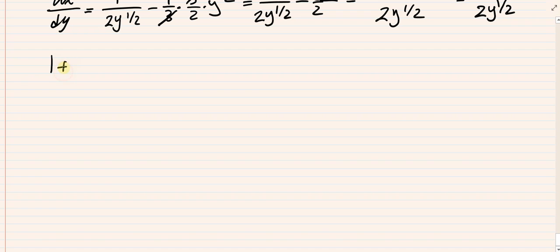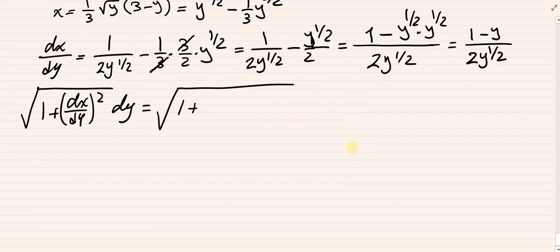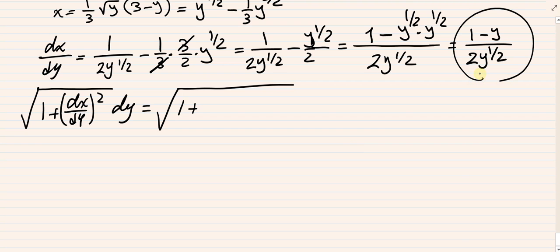I'm going to do 1 plus (dx/dy) squared, square root of that dy. Eventually I'm going to have to do that, right? So I'm going to have a square root of 1 plus, well, dx/dy is this. You square it, and we get (1 minus y) quantity squared divided by 4y. That's 2 squared in the denominator, and y to 1/2 squared makes it y.